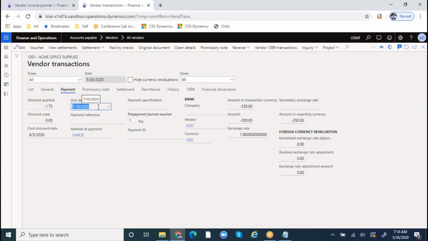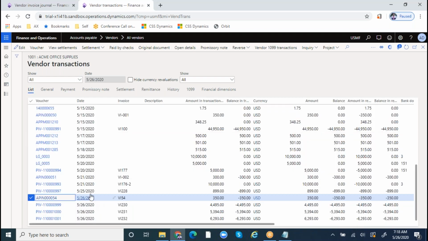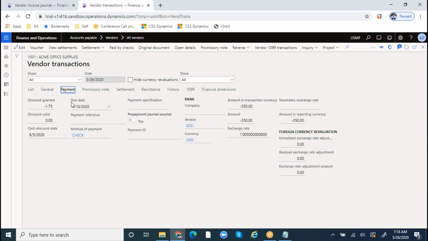For this, the due date will be calculated as today's date plus 45 days. The due date is July 10th. So it is 5 days of May, June month 30 days, and then 10 days of July.